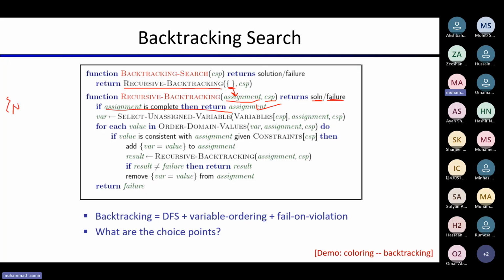For example, this is the Northern Territory. We have assigned the value of Northern Territory as, let's say, red, and the second key is Western Australia, and we have assigned, let's say, the value blue.